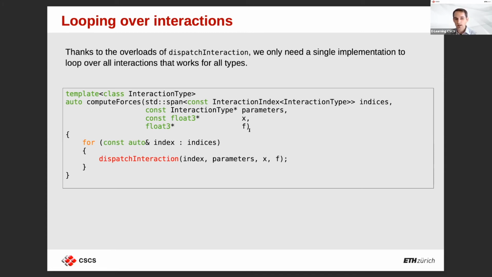And since I have these overloads in place, this works even for all the categories. This works for bonds, angles, and dihedrals. So now I need to implement that loop only a single time, whereas previously that had to be implemented 30 times for all the types individually.